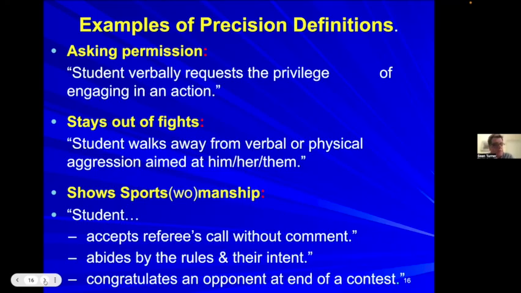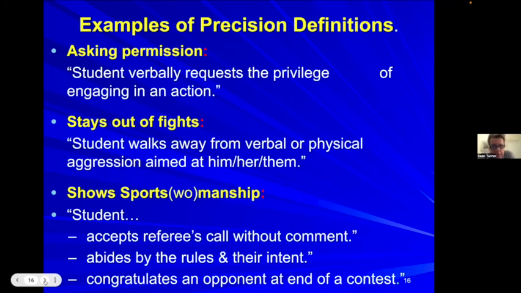We are in sync. He is able to observe that student based on what I said because I gave a precise definition. Whereas if I just said, hey, Dr. Mack, can you come in and observe Tony asking permission, Dr. Mack might have his own versions of asking permission. He might have his own context for that versus mine.